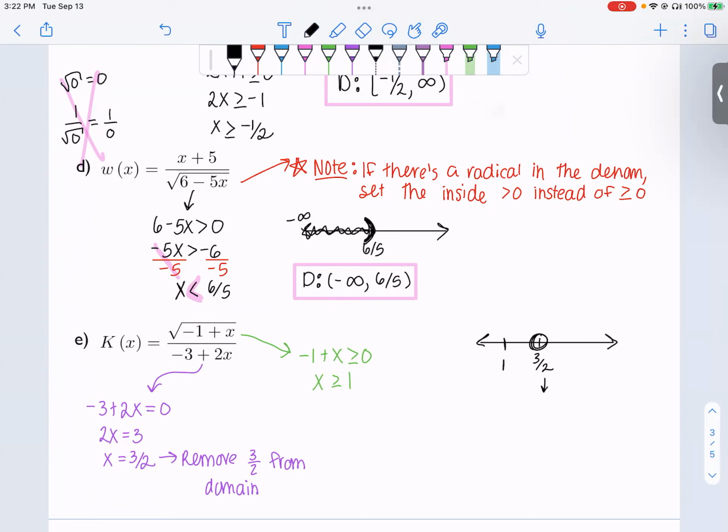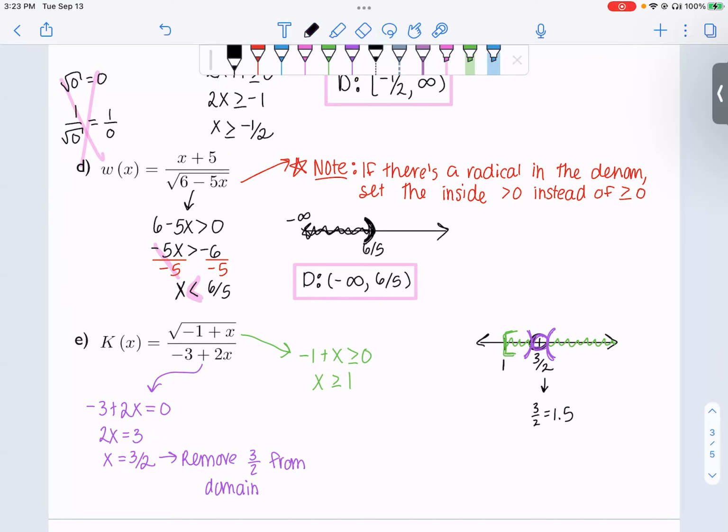Now 3 halves, keep in mind, is 1.5. So we're keeping all numbers greater than or equal to 1 except for 3/2. 3/2 has to be removed. It's kind of like you have parentheses here.